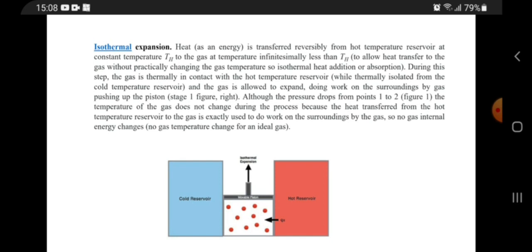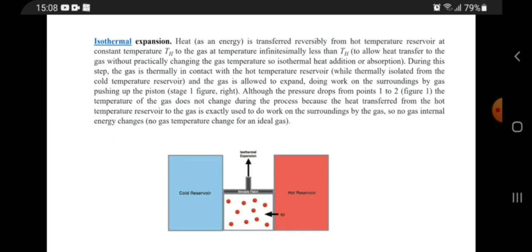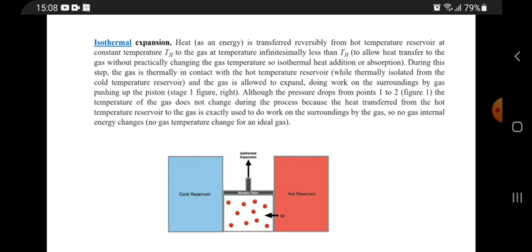During this step, the gas is in thermal contact with the hot temperature reservoir, while thermally isolated from the cold temperature reservoir, and the gas is allowed to expand, doing work on the surroundings, pushing up the piston.